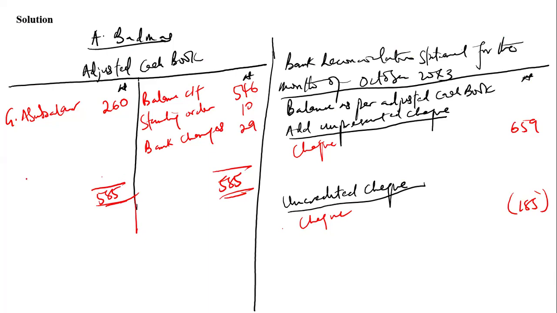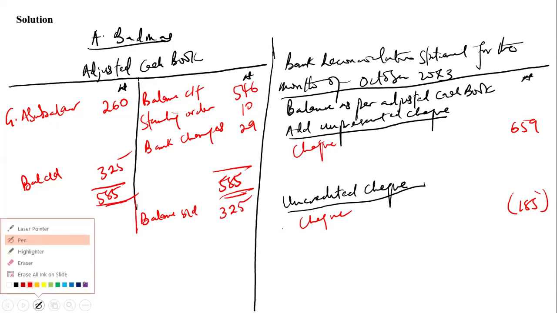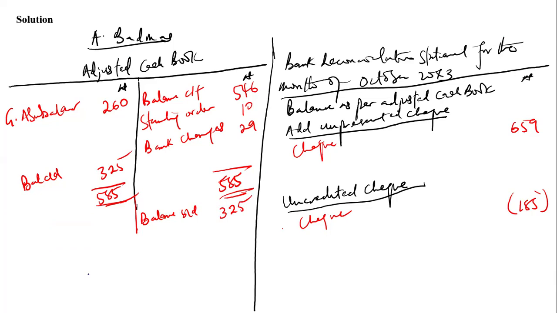That gives us balance carried down of 325. So we are having a credit balance. Balance carried down 325. Now, don't let us forget, we said earlier that once it is an overdraft, it is going to be in brackets.